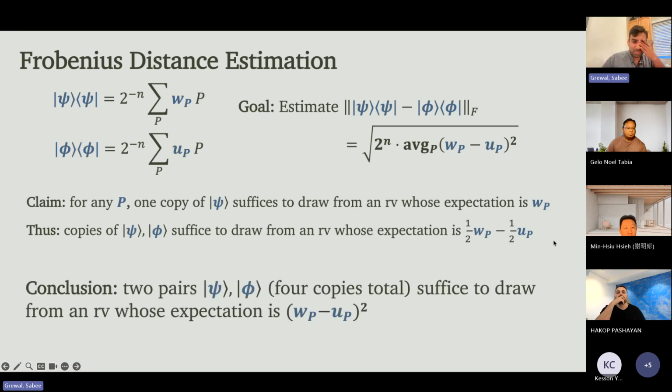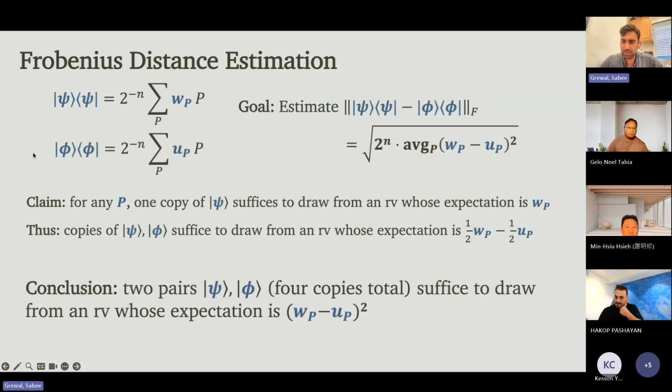So that means that if you have two pairs of psi and phi, so 4 copies in total, you can draw from a random variable whose expectation is their difference squared. You just run this procedure twice, take the product of the two, and scale by 4.